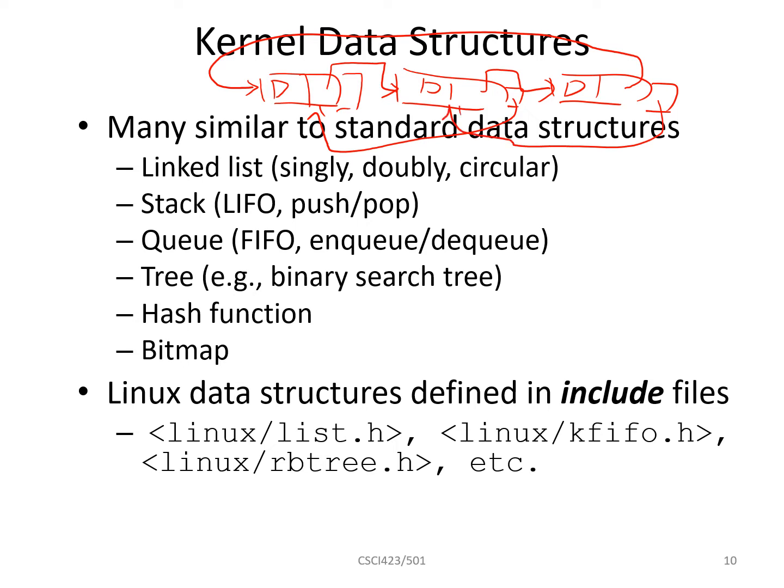Okay, and for stack, most of you should know that. So basically, it's last in, first out. So we just push the data into the stack and pop it out from the top. And for queue, it's just first in, first out. So enqueue means we put the data element into the end of the queue, and dequeue means we get the data out from the head of the queue.